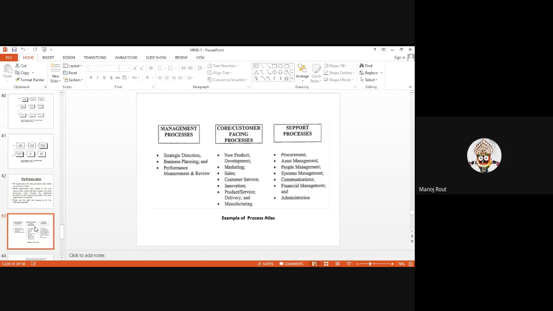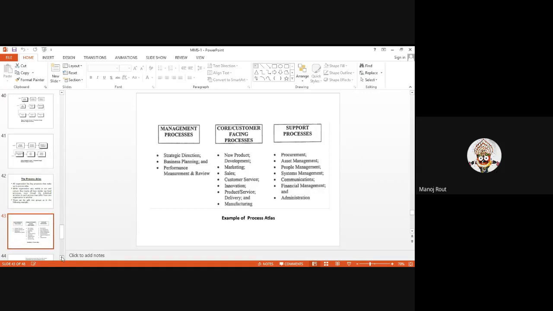Customer facing processes include new product development, marketing, sales, customer service, innovation, product or services delivery and manufacturing. Support processes are procurement or purchase, asset management, people management through HR, system management, communication, financial management, and the last one is administration.